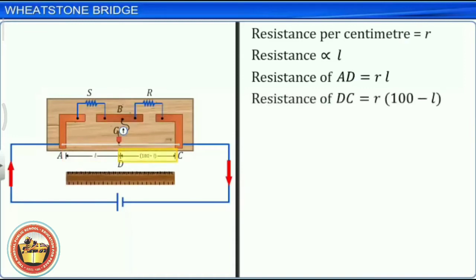Okay, AD distance is L, and DC distance is 100 minus L with respect to resistance.